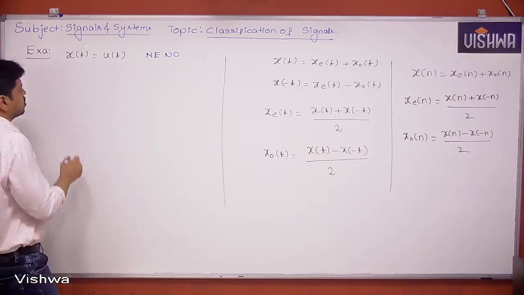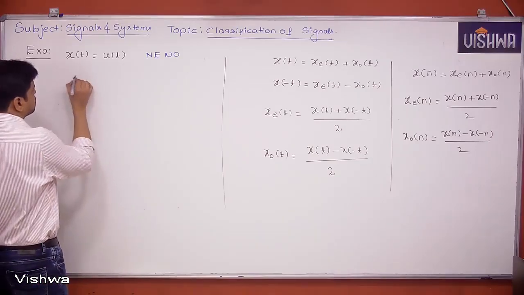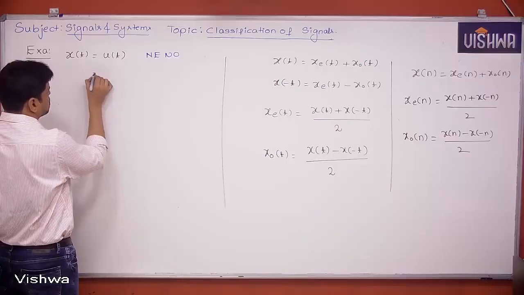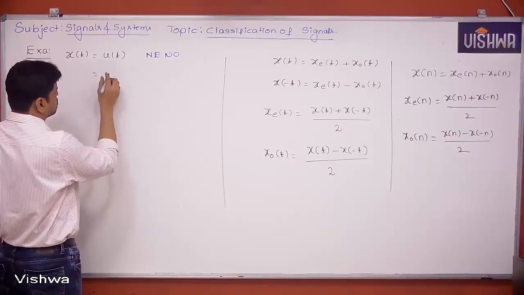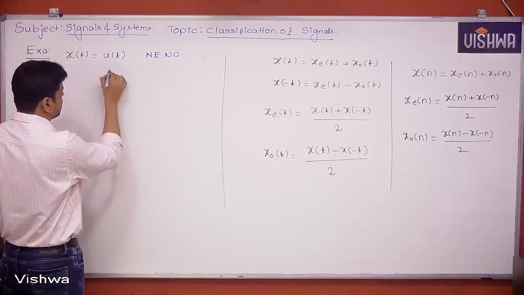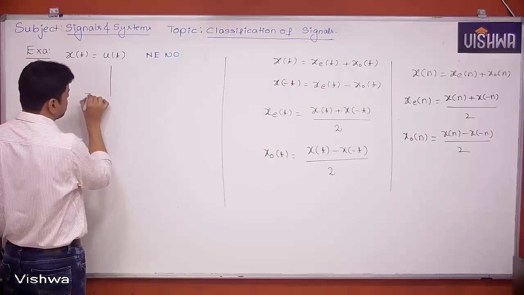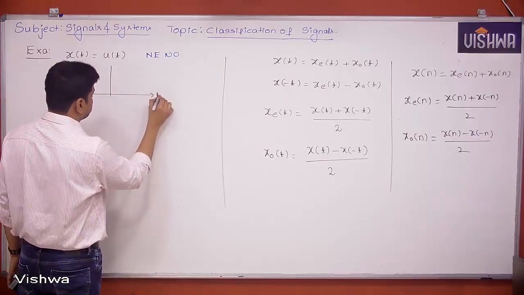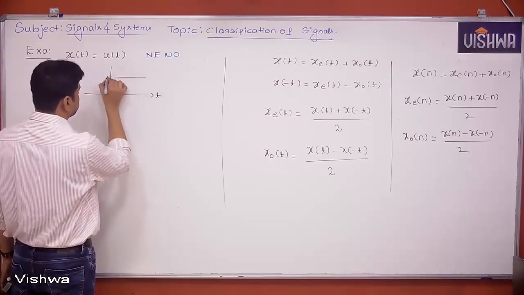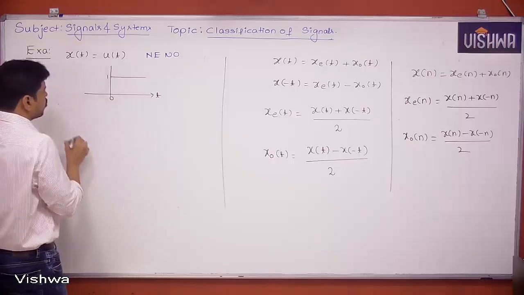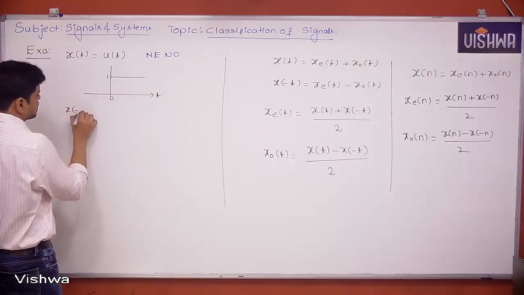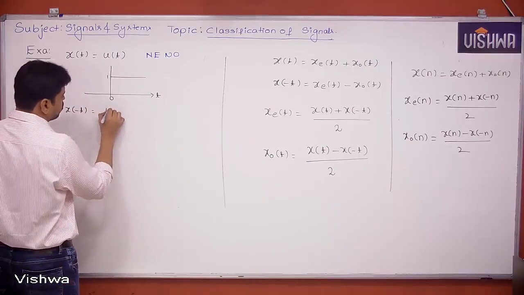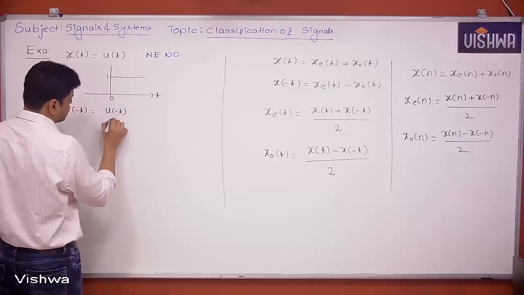Let's see. To find them, we require x of minus t, that is u of minus t. How does it look?